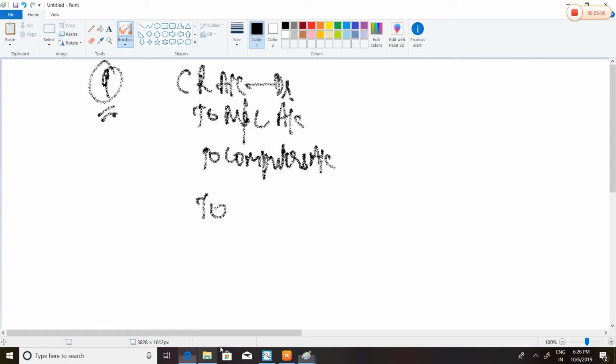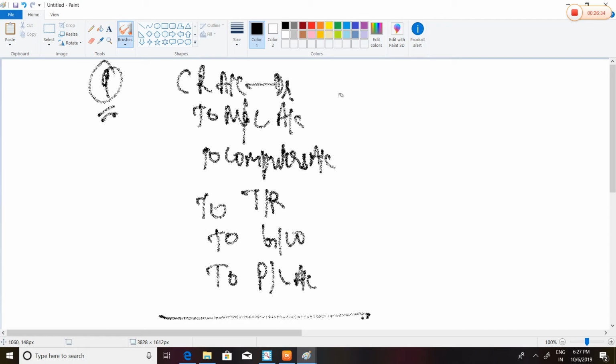Okay, I hope you got it. To computers, and the rest is to trade receivables, to goodwill and to profit and loss account. 33,41,000 is the total here.